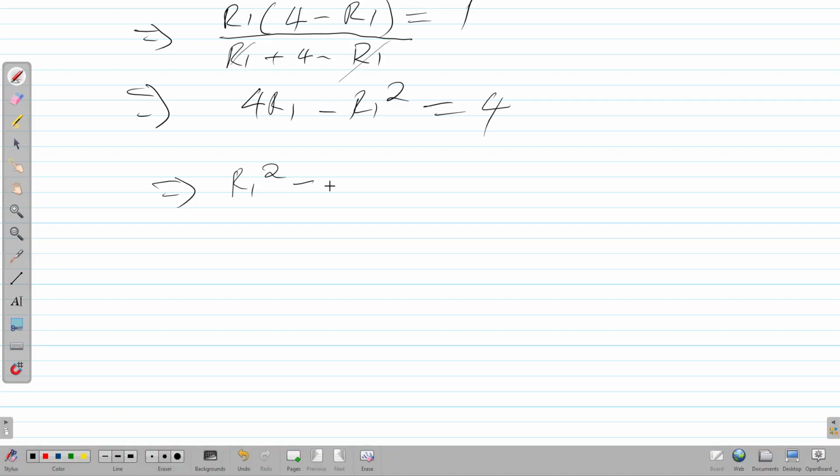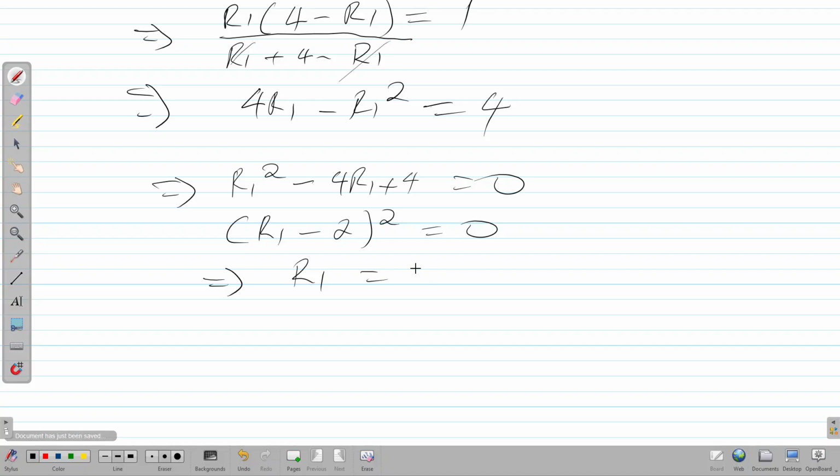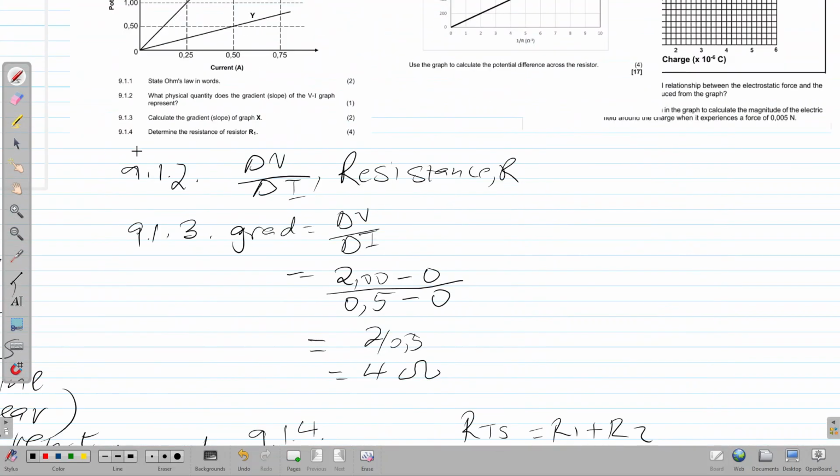So then I'm going to get R1 squared minus 4R1 plus 4 is equal to 0. And then (R1 minus 2) whole squared is 0, which implies that R1 is equal to 2 ohms. And also R2, which is 4 minus 2, is also 2 ohms as well. So that is how we answer 9.1.4.